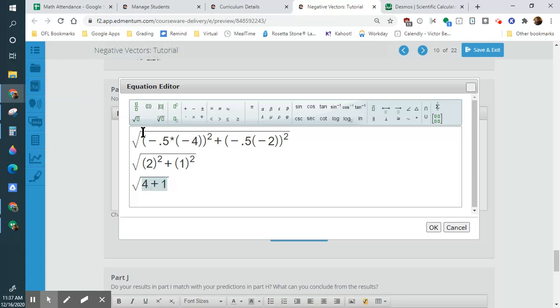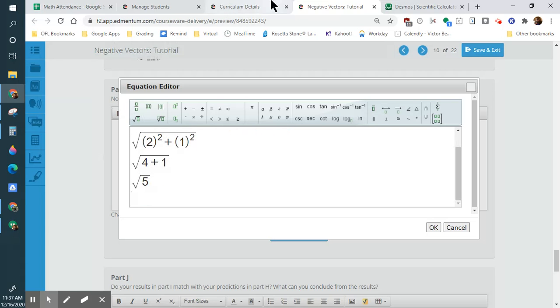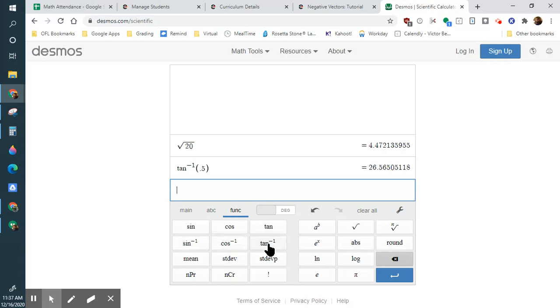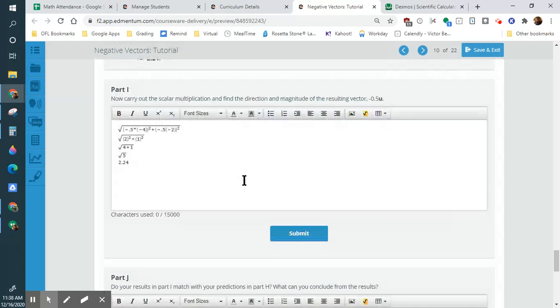So we end up getting the square root of 5. And the square root of 5 is 2.24. Rounding. So there's our magnitude, and it's actually what we got.